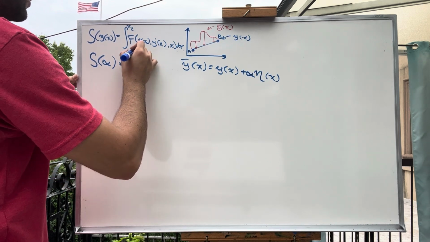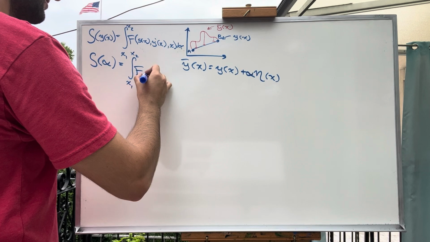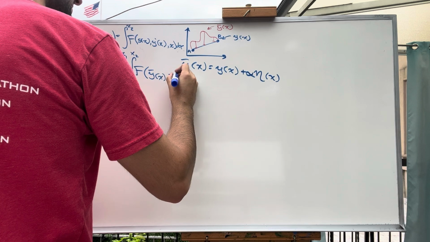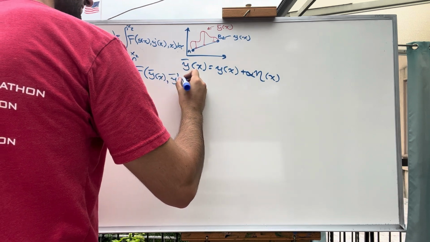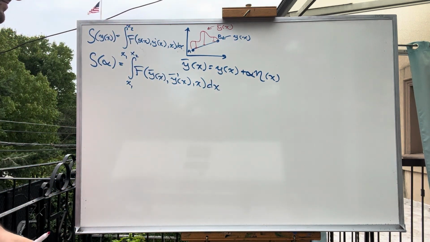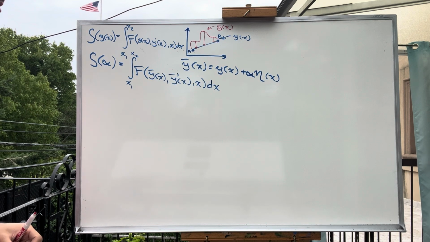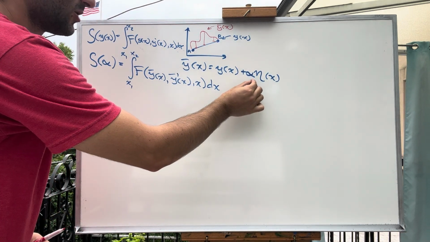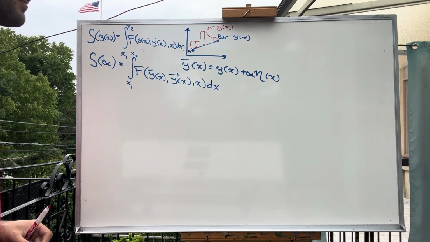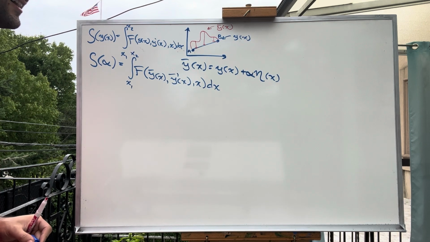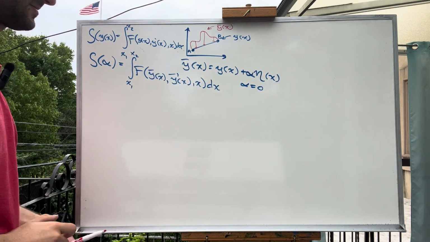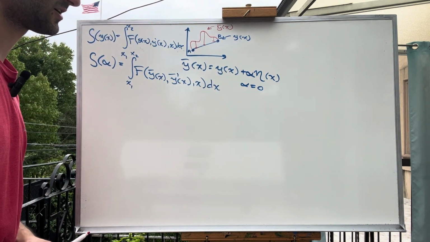the integral from x1 to x2 of some function of now y bar of x, any number of its derivatives, y bar prime of x, x dx. Now we know when alpha varies by nothing, when we set alpha equal to 0, there is no variation in our function y of x.